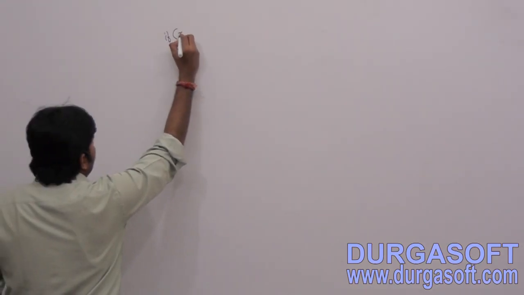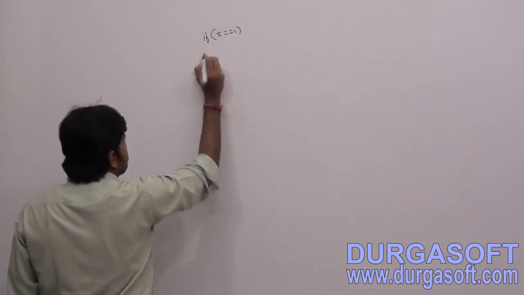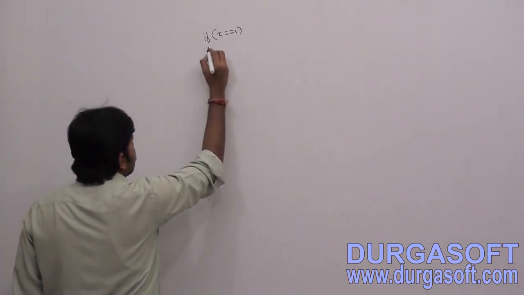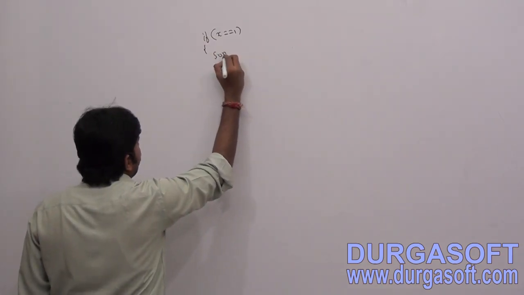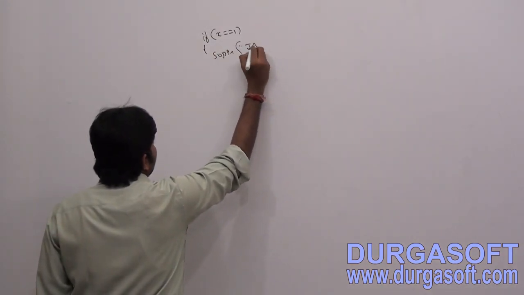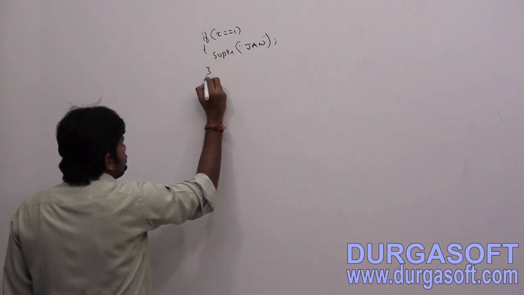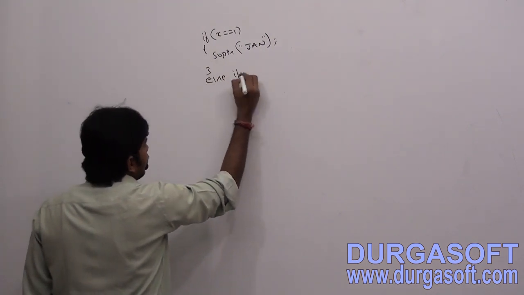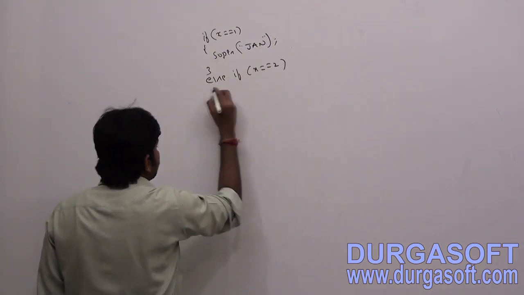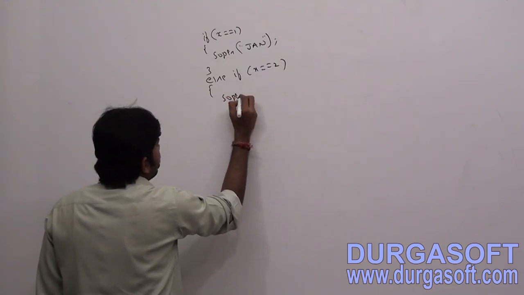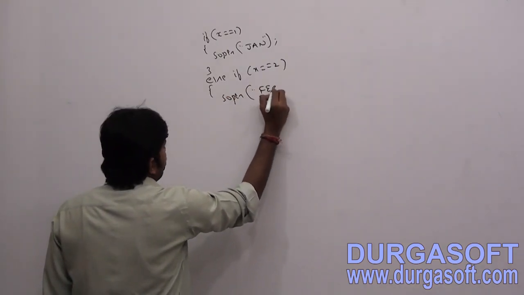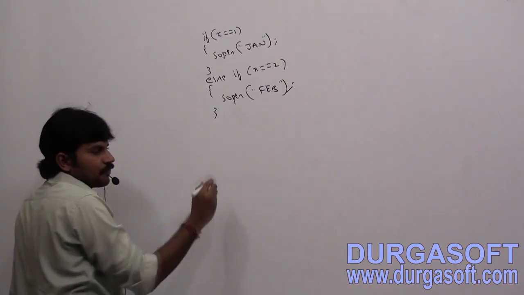Never recommended to go for if else. What is the reason? Simple. If x is equal to 1, print System.out.println of John. Else if x is equal to 2, print Feb.